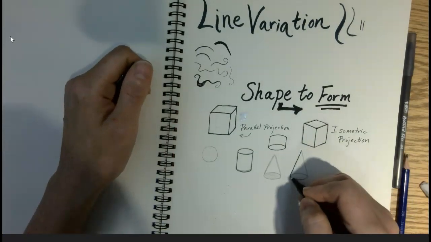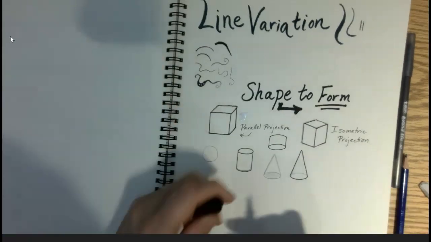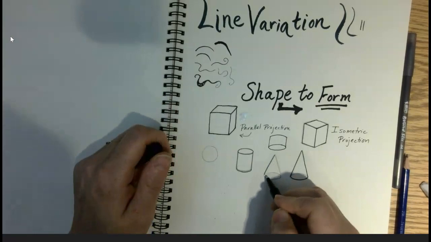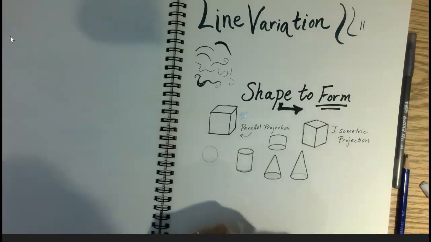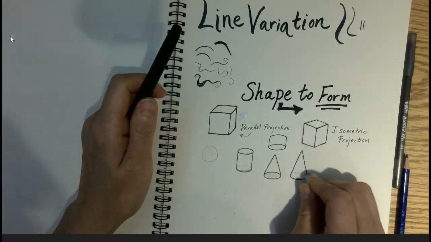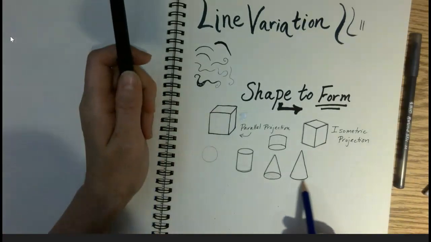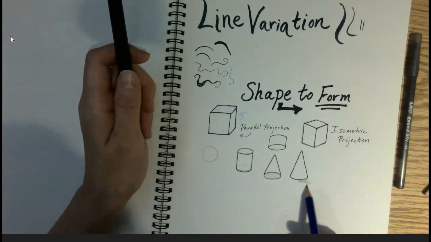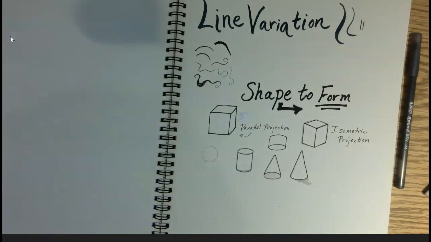To make this look like it's sitting on a table, I would erase that back edge of that ellipse. And then I could add a little shadow down here to reinforce that idea that it's sitting on a table.